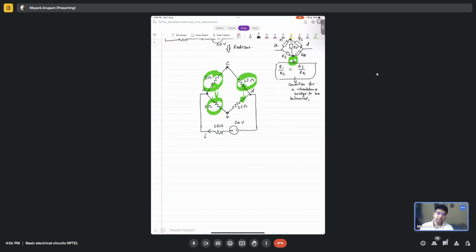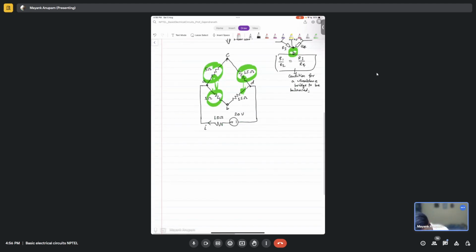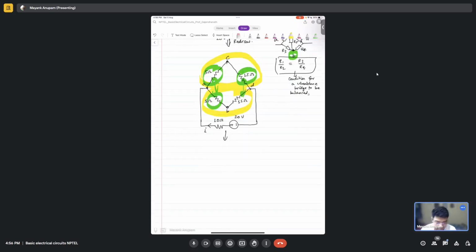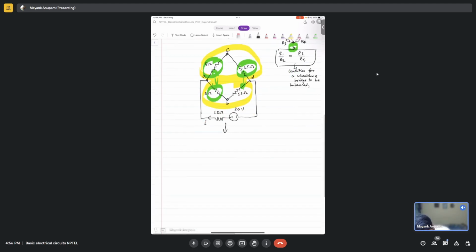Now it is very easy, right? It is simple. You can identify a series connection here, and a series connection here, and both of these will be in parallel. So let me jump some steps here. I am sure you will be able to figure it out on your own.